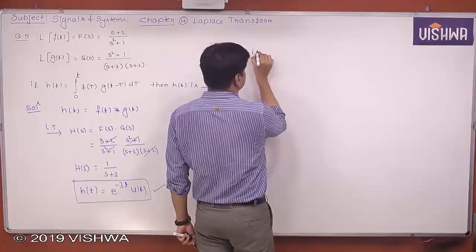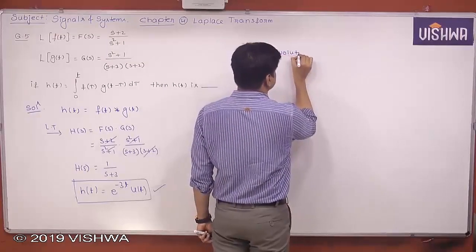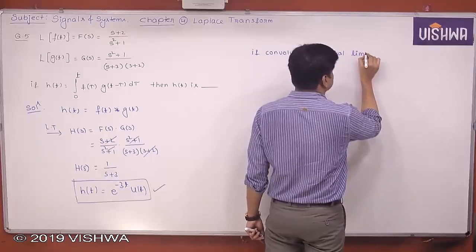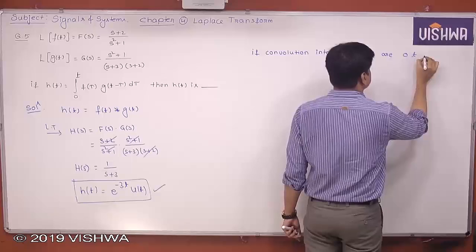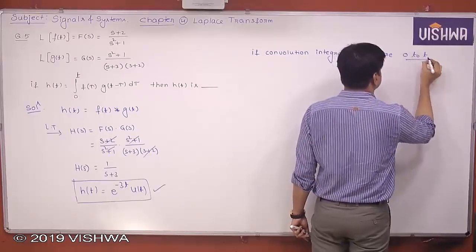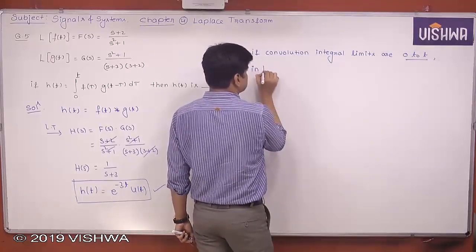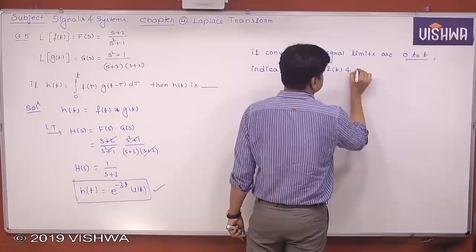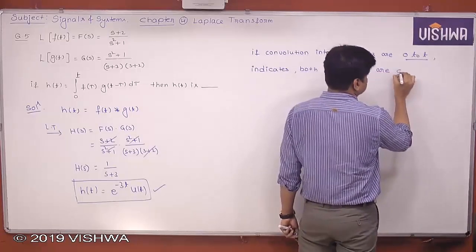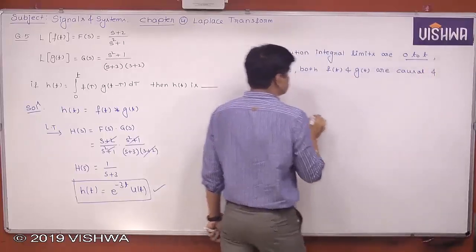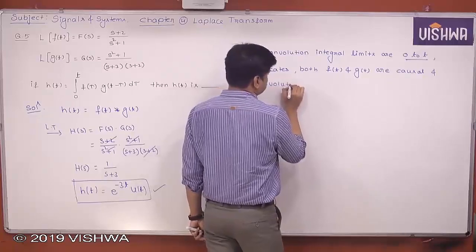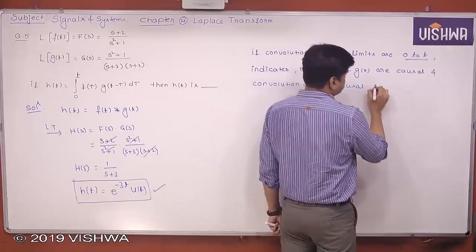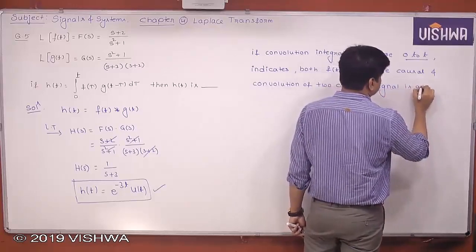If convolution integral limits are 0 to t, it indicates both f(t) and g(t) are causal, and convolution of two causal signals is again causal.